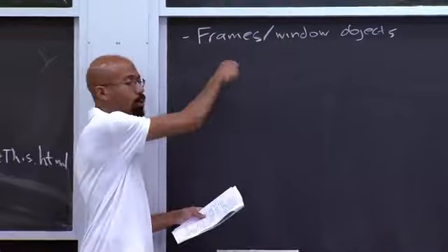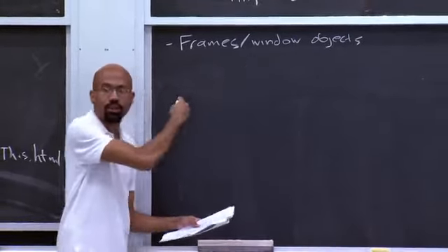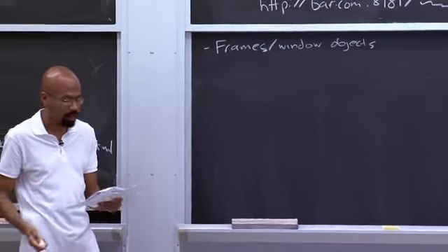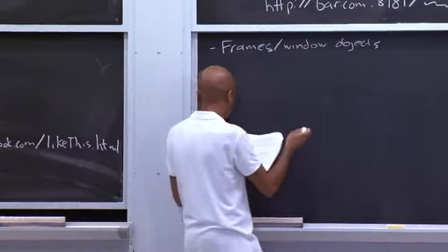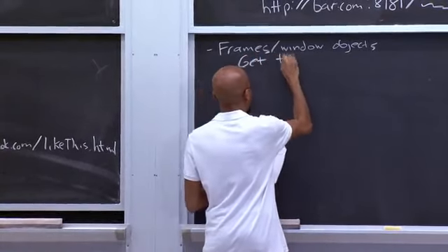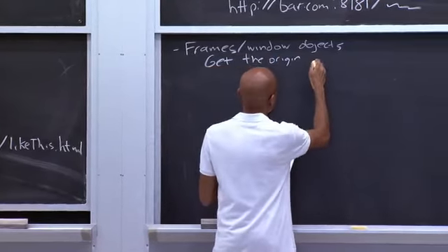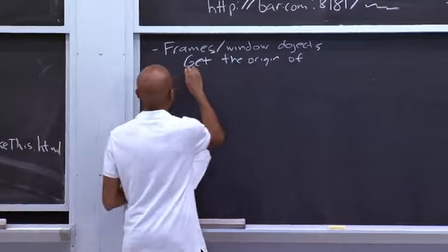And they actually contain pointers to each other. The frame contains a pointer to the associated window object and vice versa. So these two things are essentially equivalently powerful. So frame and window objects get the origin of the frame's URL.